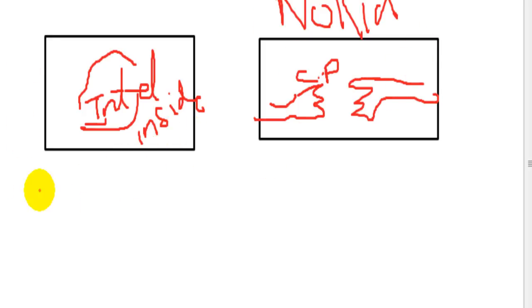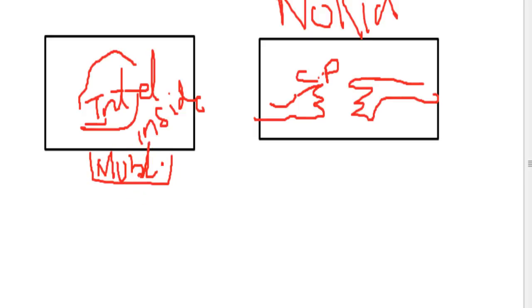The good news is they're working on an open source operating system. So for the first time, something from Intel and Nokia is open source. Intel was working on a project called Moblin, a mobile Linux.